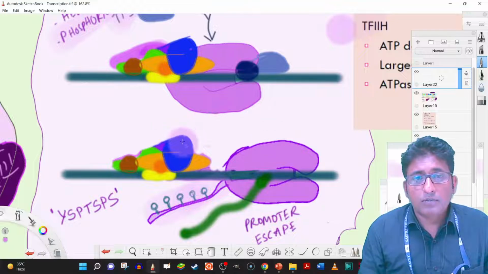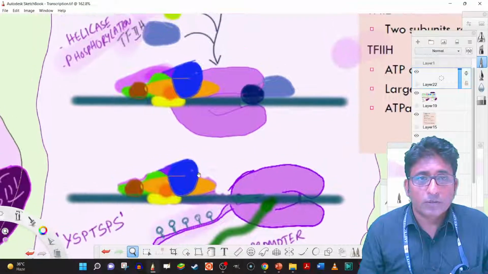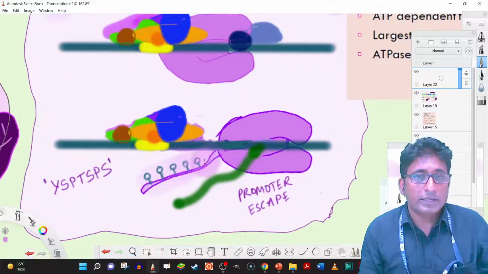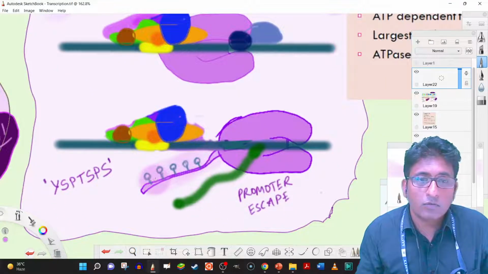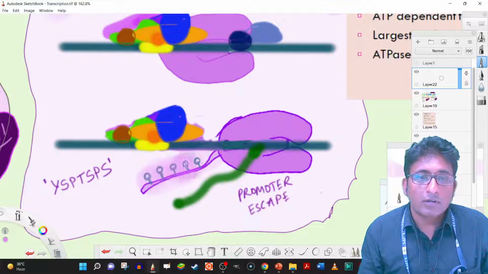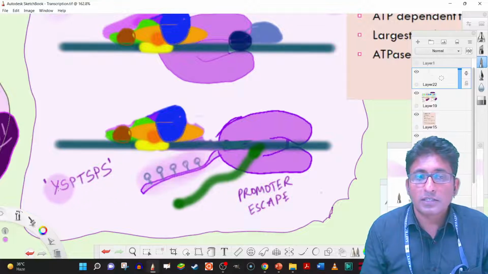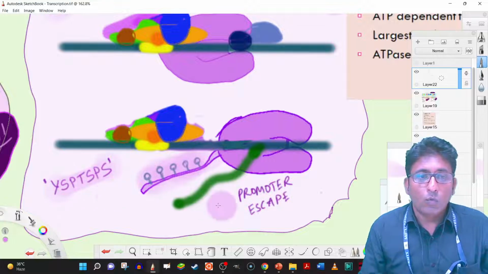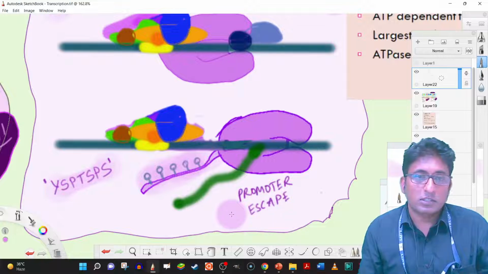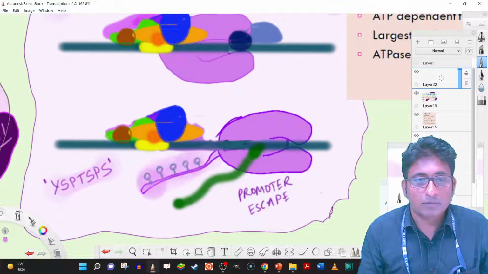TFIIH, using its kinase activity, is going to phosphorylate several serine residues present in motifs. YSPTSPS is a motif within the carboxyl terminal domain of this RNA polymerase.